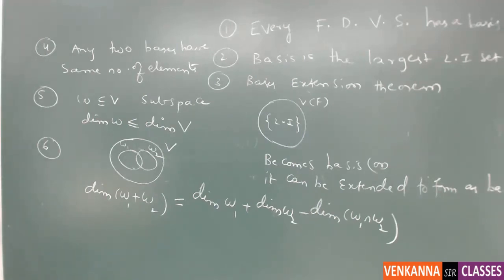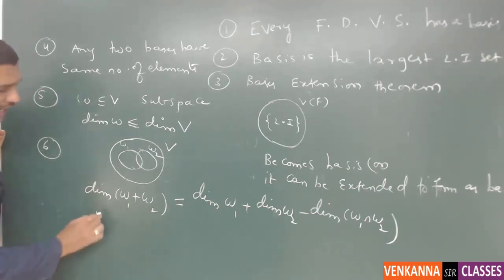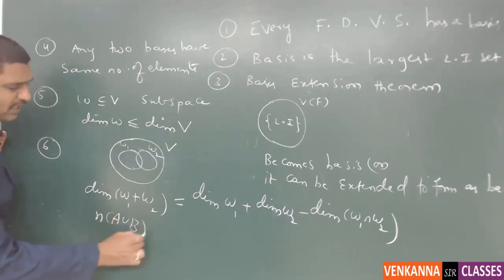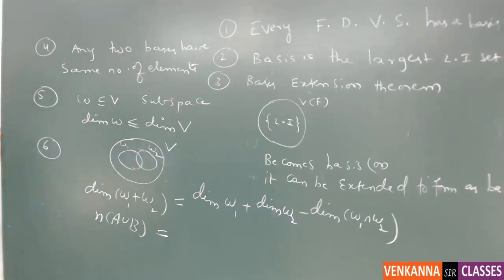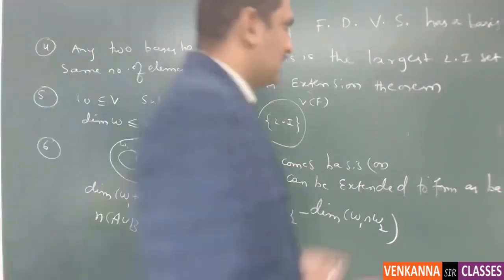I think one or two questions were given earlier on this method. So dimension of W1 plus W2 is equal to dimension W1 plus dimension W2 minus dimension of W1 intersection W2. It is just like the formula of set theory you have learned earlier: n(A union B) is equal to n(A) plus n(B) minus n(A intersection B). It is somewhat similar to this. Here it is union, here it is sum. Now the question is, how do we define the sum of the subspaces? That's an interesting thing.